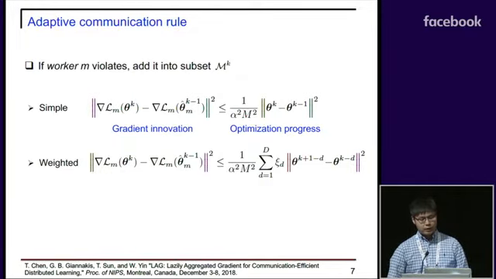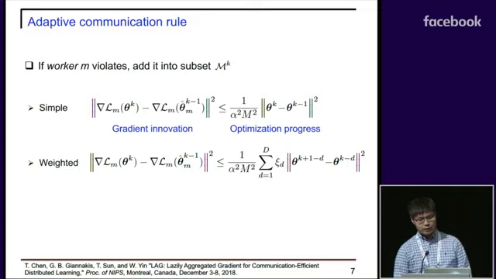The idea is that whenever worker m receives theta k, it calculates the local gradient and compares the fresh one with the old gradient stored in the local memory. If the difference between these two, the gradient innovation, is large enough, in the sense that it is larger than the change of parameter update in the last iteration, then worker m will be included in the subset M_k to upload the gradient.